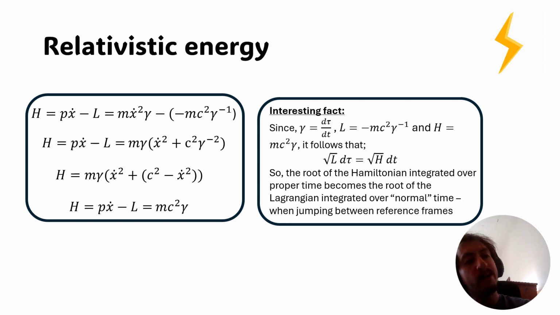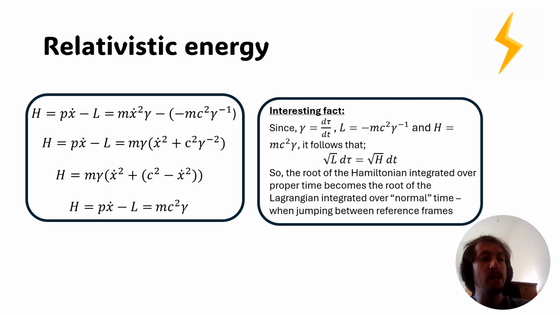What kind of picture should I be presenting? But we looked at our expression for the Hamiltonian and the Lagrangian, and ultimately the definition of gamma in terms of time dilation, in terms of the derivative of proper time with respect to coordinate time t, and we see there is a natural connection between the Hamiltonian and the Lagrangian.